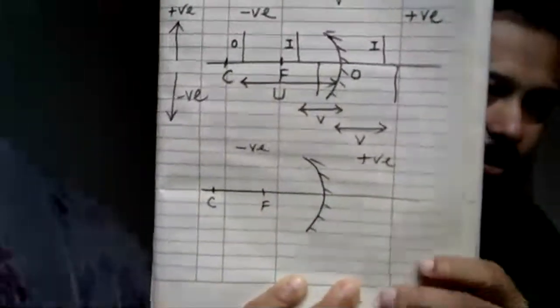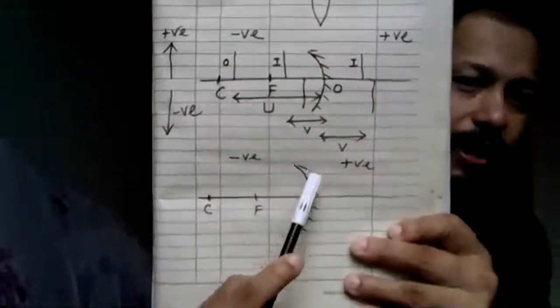Now, if I draw a concave mirror, I know which is my negative side and which is my positive side. The side in front of the mirror is always negative. The back of the mirror is always positive. I have drawn a concave mirror and shown the position of focus and center of curvature. This is my spherical mirror, my concave mirror.